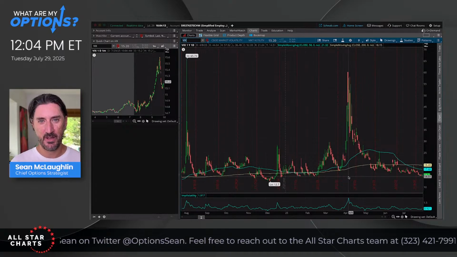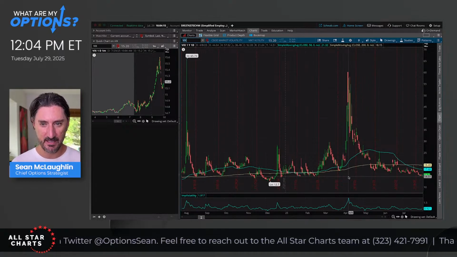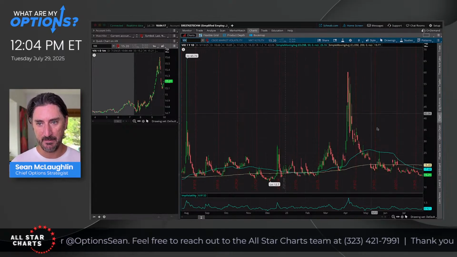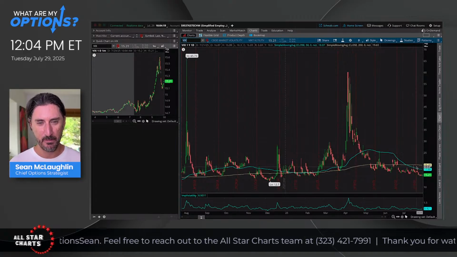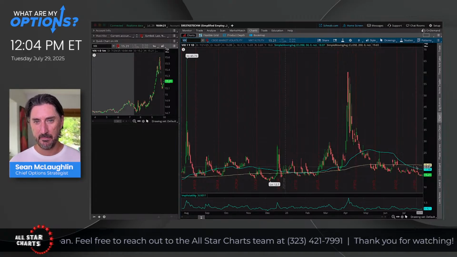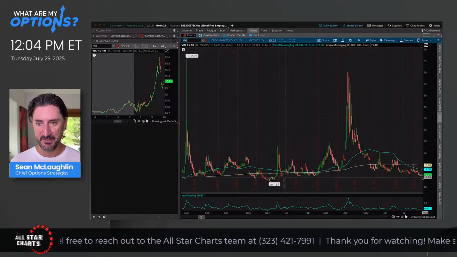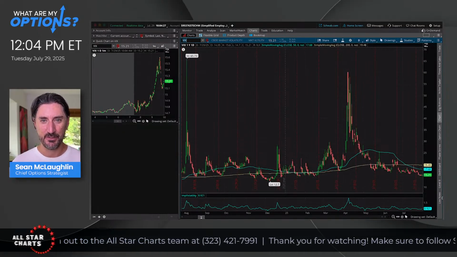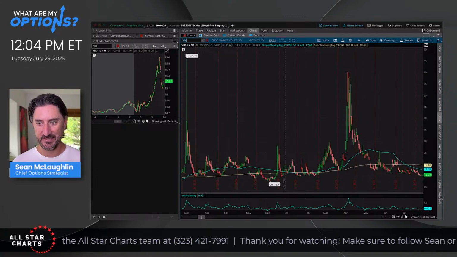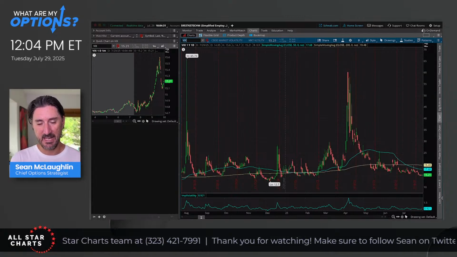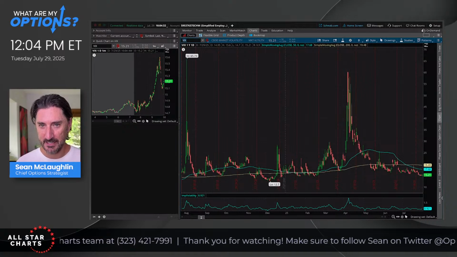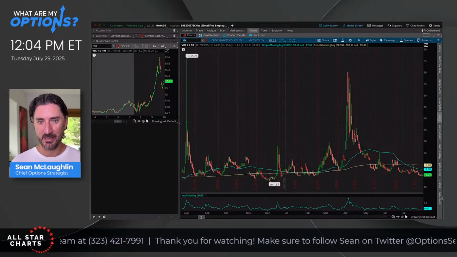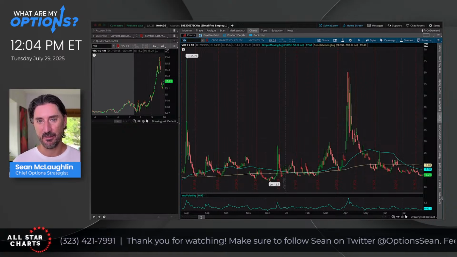I will caution you on that thought, though. I think a mean reversion from high back to low is something a lot more bankable than betting on mean reversion when VIX is low. Just because VIX is low should not be your signal to be positioning for a VIX spike. VIX spikes can happen off of lows for sure, but a low VIX is not a signal for me to get long volatility.